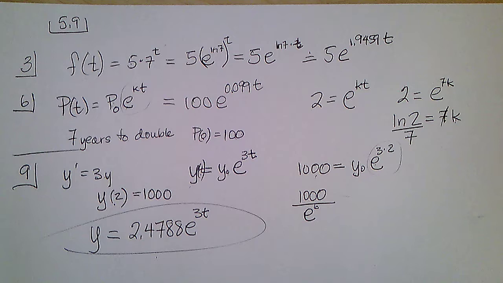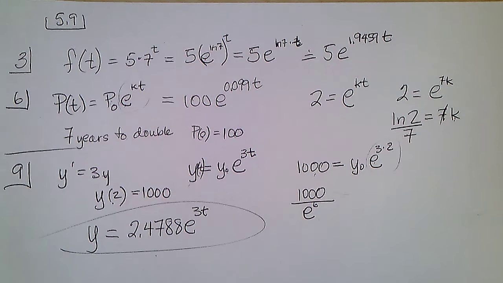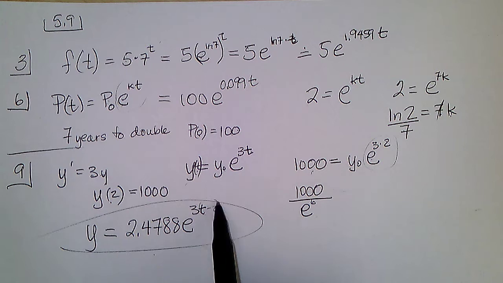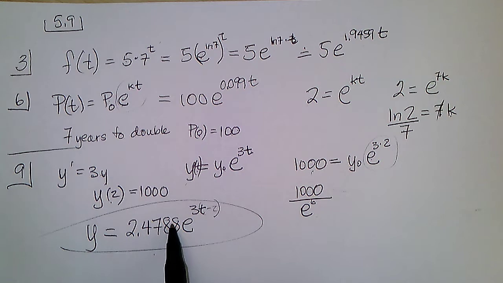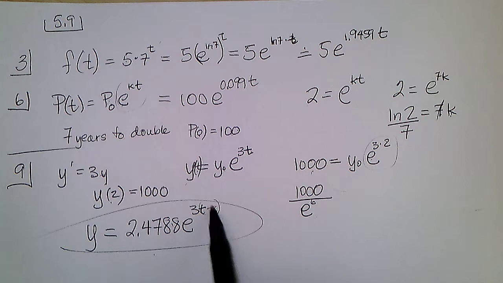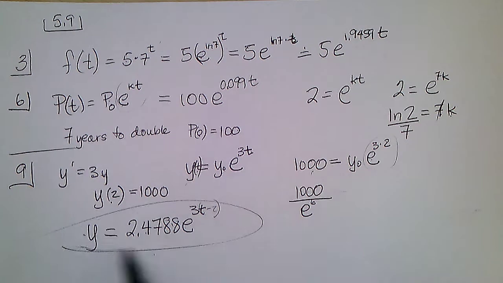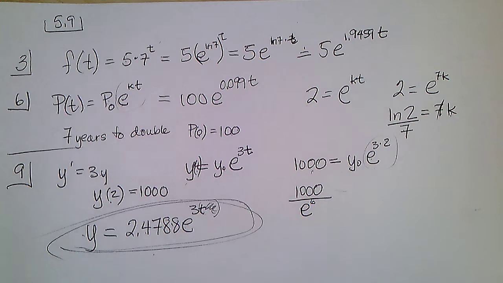And so there's the equation. Now, instead of doing that, they just did a t minus 2 and then put 1,000 here. And then when I put in 2, I get 0, 3 to the 0 is 1 times 1,000, which makes it work for 2. But this is another alternative for doing it without the minus 2. Okay?